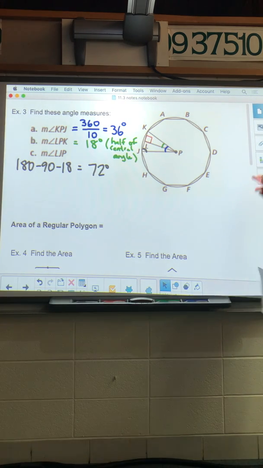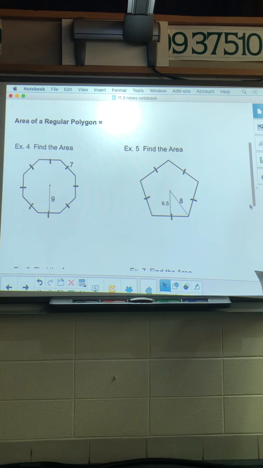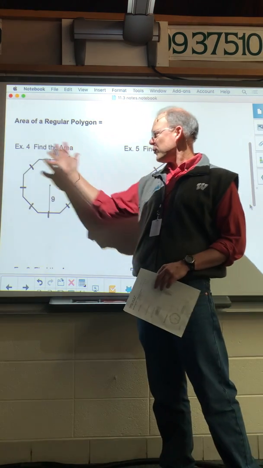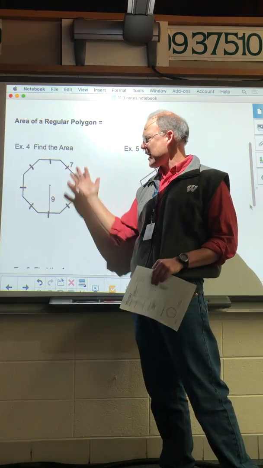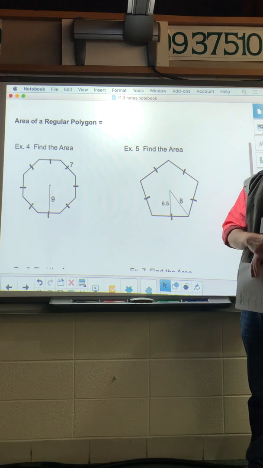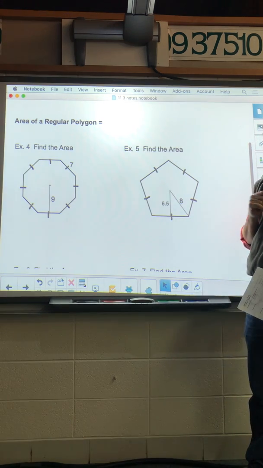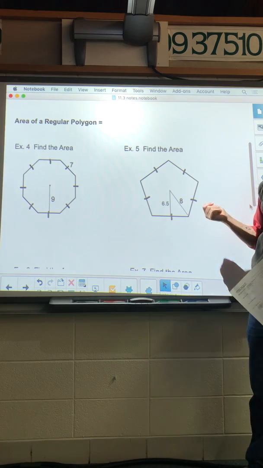Okay, now we get to the more challenging part. Area of a regular polygon. So now we're finding the space inside this regular polygon. I guess the nice thing is that it's the same formula regardless of the shape.